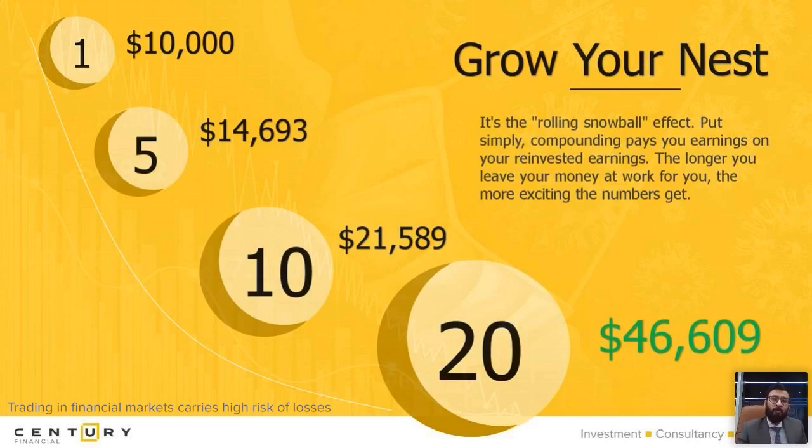Now, what we need to understand is the rolling snowball effect, as you see. If I put it simply, compounding pays you earnings on your reinvested earnings, which means the longer you leave your money at work, the more it will work for you. And the numbers will get more and more exciting.